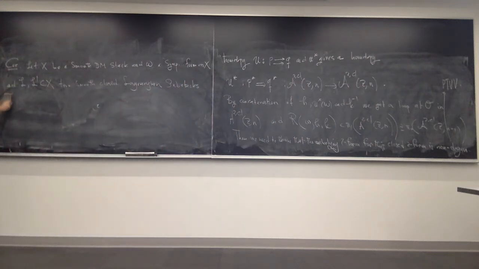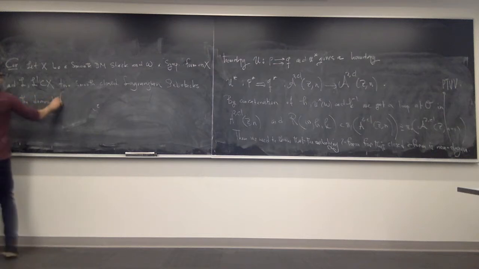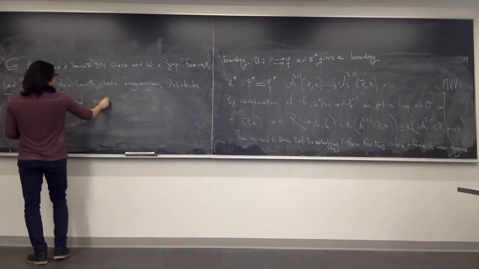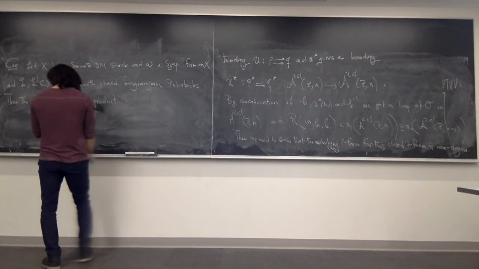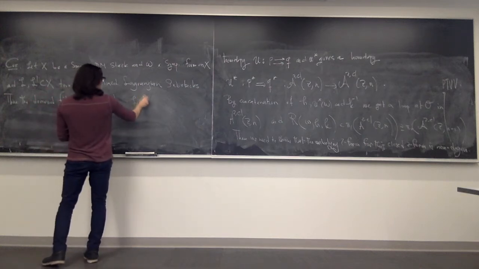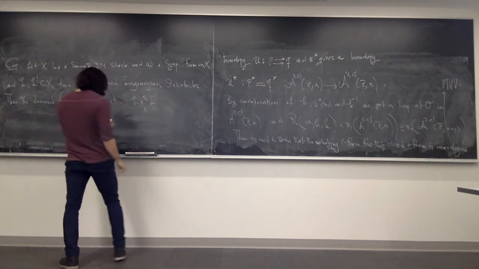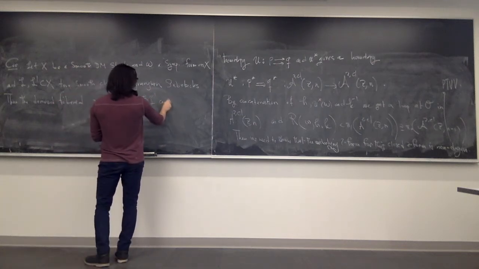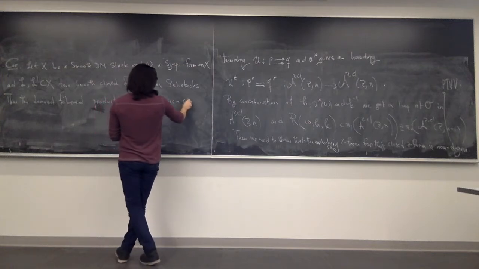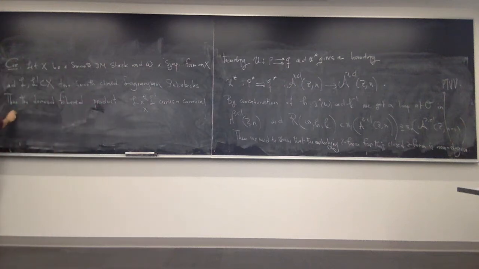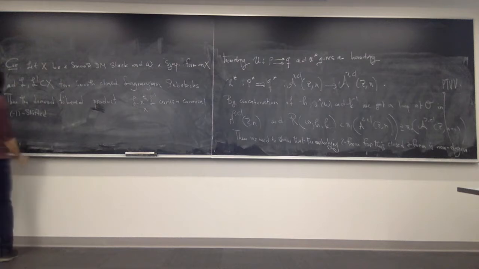Then the derived fiber product, the homotopy product of L with L prime over X, carries a canonical minus 1 shifted symplectic structure.